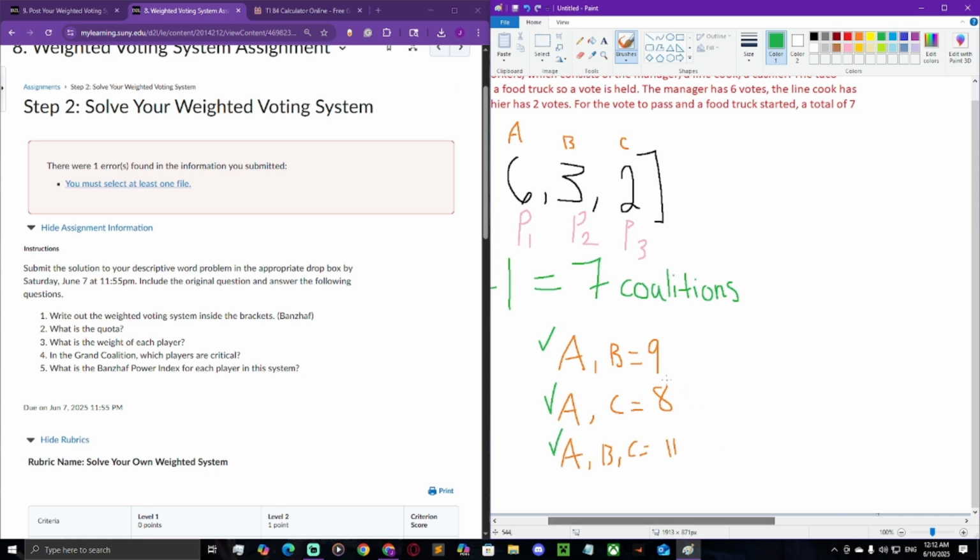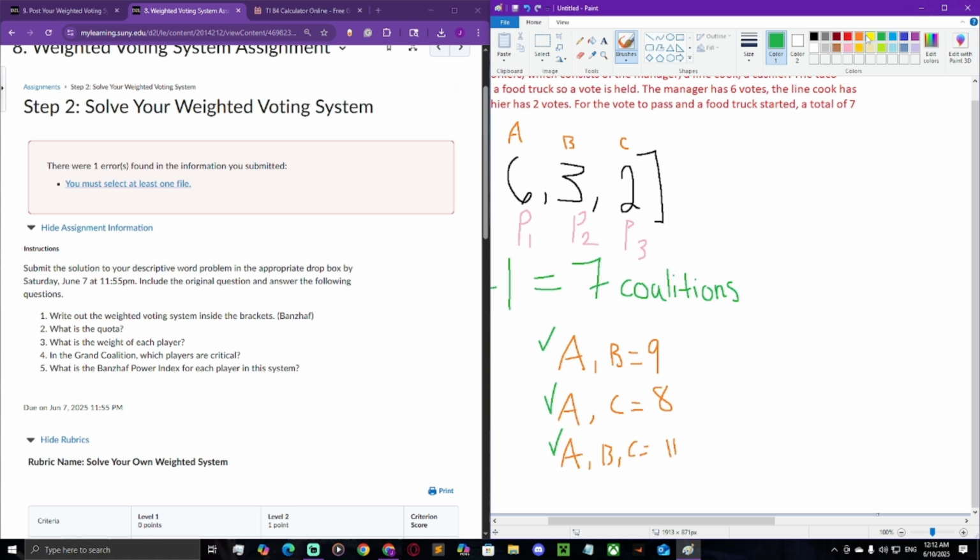Now we have 3 winning coalitions with a total of 1, 2, 3, 4, 5, 6, 7 players individually between the coalitions. In order to find the weight, we have to calculate how many times a player is critical in a winning coalition.